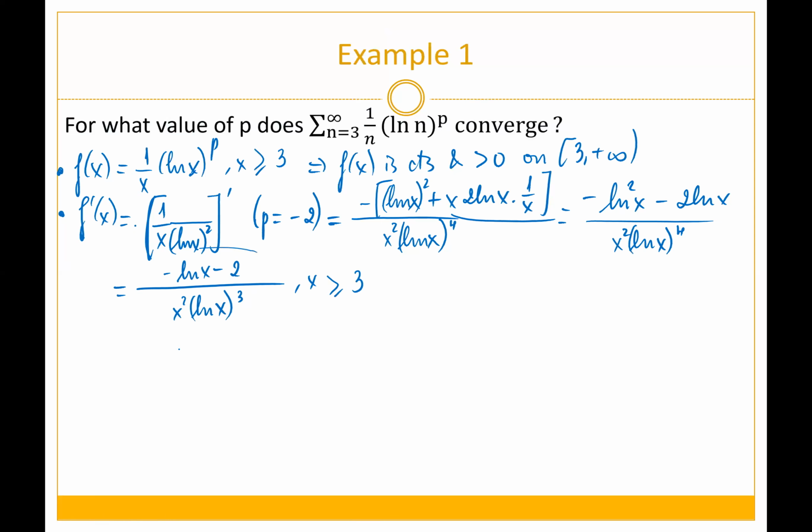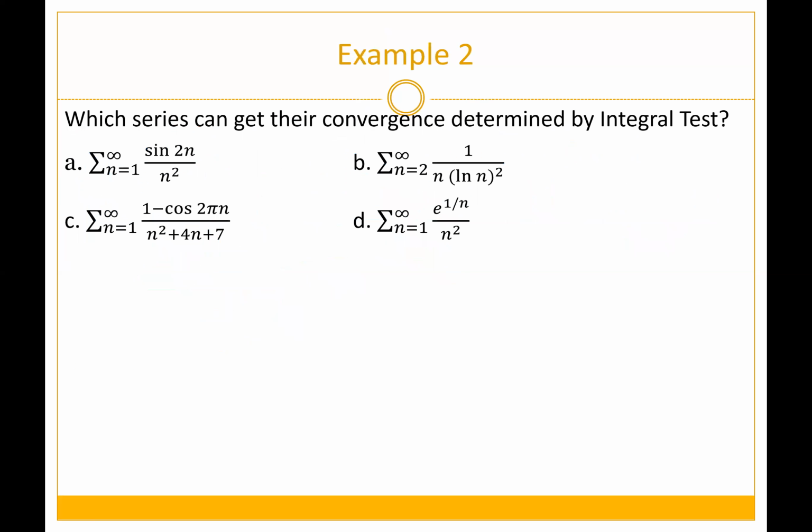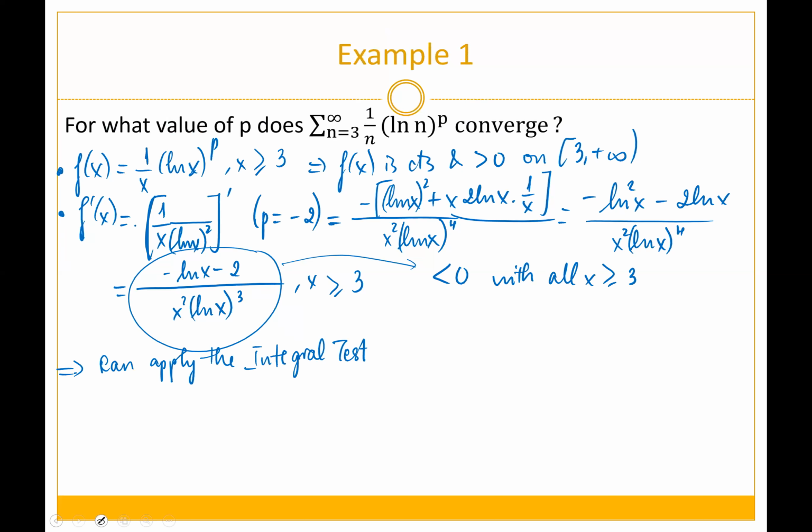So this entire thing is always smaller than 0 for all x bigger than or equal to 3. Therefore, our conclusion is that we can use the integral test here because it satisfies all three conditions that we needed: continuous, positive, and decreasing.